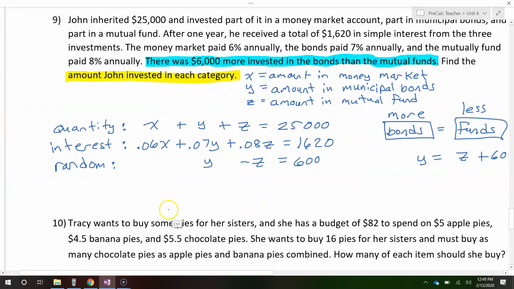Now I'm going to squeeze in the matrix equation. It will be 1, 1, 1, 0.06, 0.07, 0.08, and then 0, 1, negative 1.